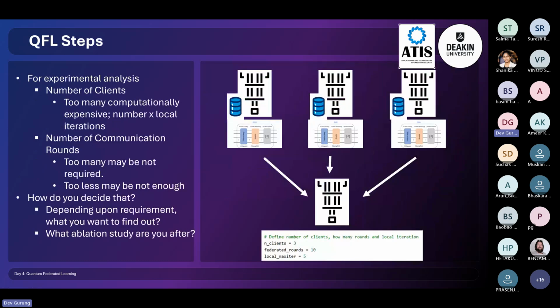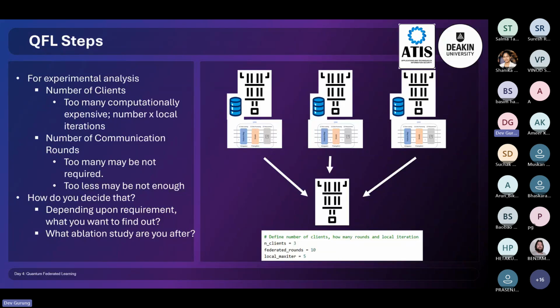The other thing is the number of clients. I'm not sure if there are any hard and fast rules that you have to have this many clients. Depending upon your need, if you have 1,000 clients for your experiment, it's going to take a lot of time, especially if you multiply it with the local iterations, right?